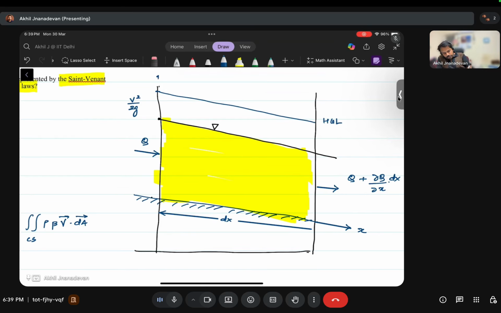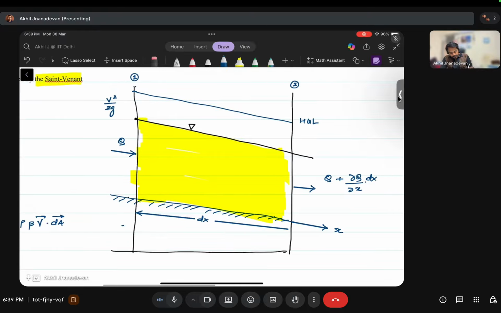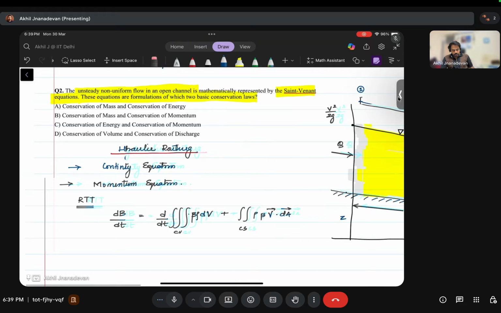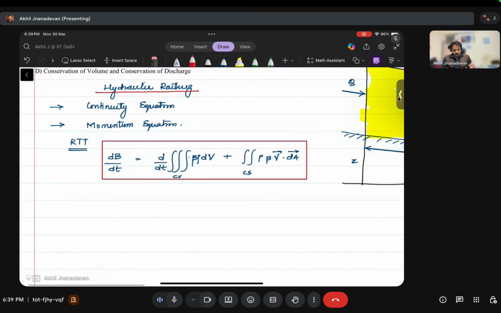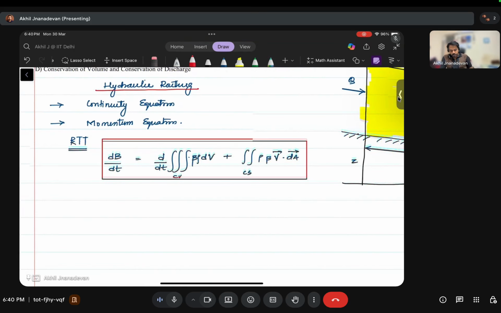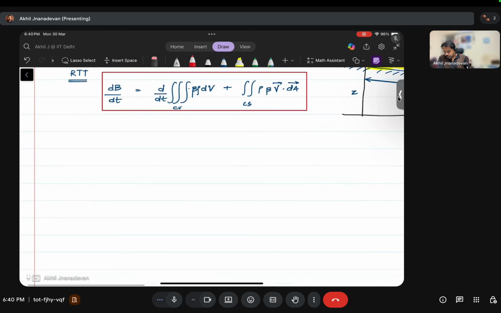So these are two sections, 1 and 2. This is the control volume that we consider, and this is our datum head. For this we will apply the Reynolds transport theorem, that is, the rate of change of extensive property is the rate of change of the intensive property across the control volume and across the control surface, right?